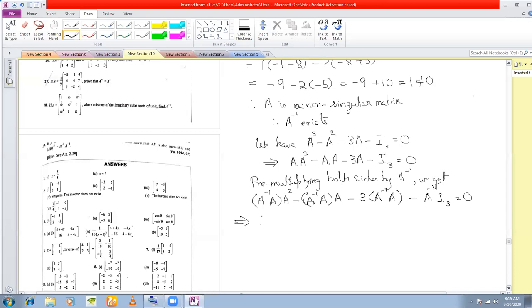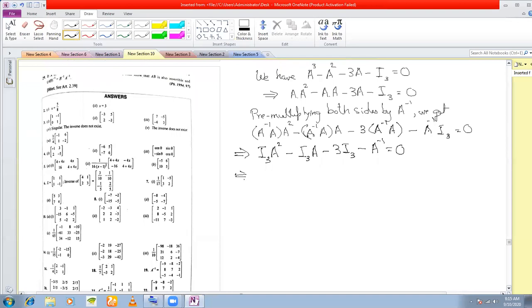You can write directly. So A inverse A is I3, in fact: I3 A square minus I3 A minus thrice I3 minus A inverse is equal to 0.